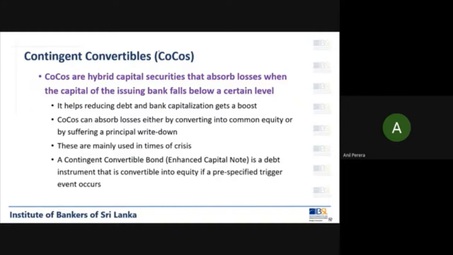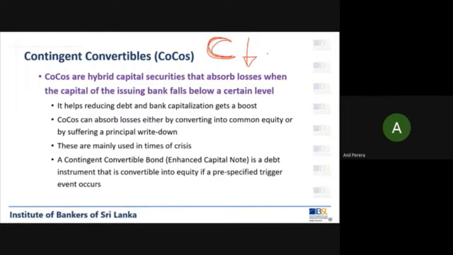Now, in a crisis, what will happen? The capital of a bank will go down, because in a crisis you have losses coming from what? When borrowers do not pay back, you have some losses. Those losses are absorbed by the capital. So capital goes down. In a crisis, that's natural.